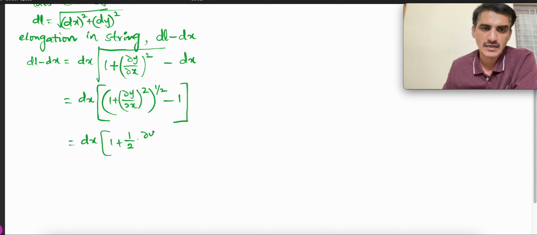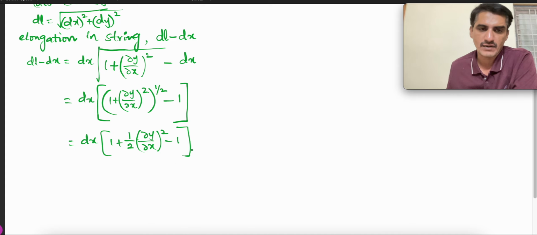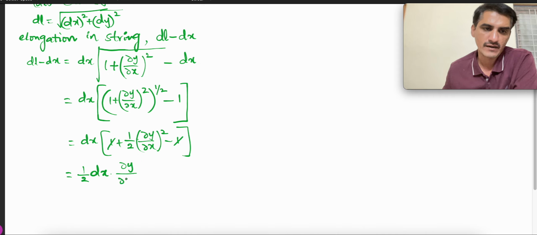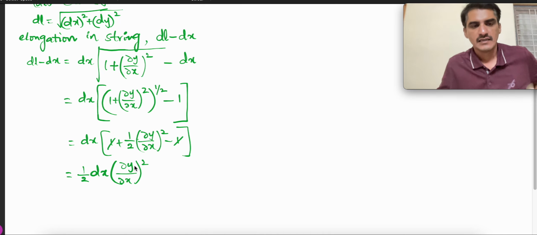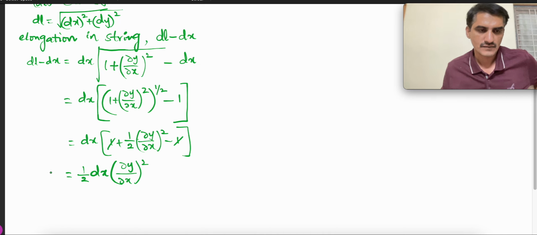That is how to expand according to the binomial theorem. 1 plus 1 by 2 into dou y by dou x whole square, minus 1. Therefore here 1 gets cancelled. Hence what am I going to get? Half into dx into dou y by dou x whole square. This is what we have got.